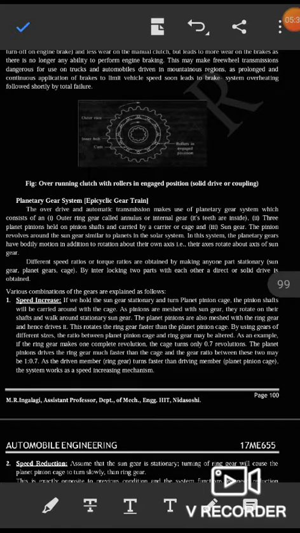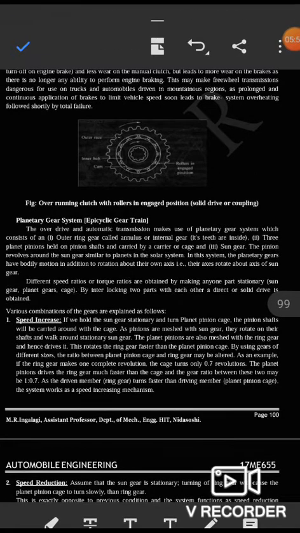Now the working of the planetary gear system. The pinions revolve around the sun gear, similar to the planets in the solar system, which orbit around the sun.